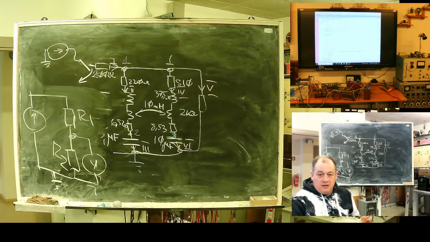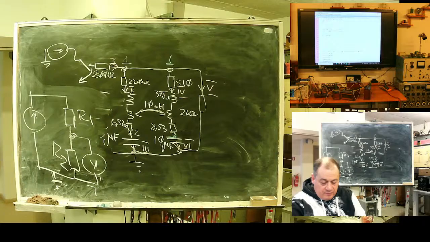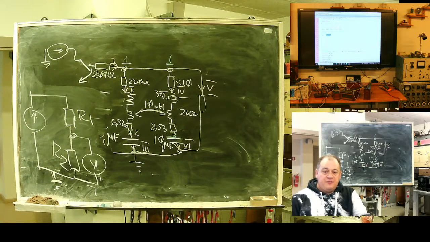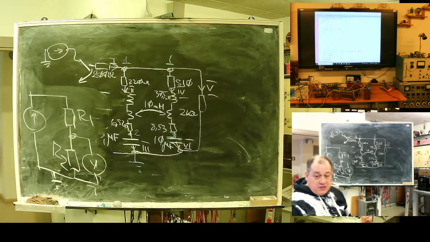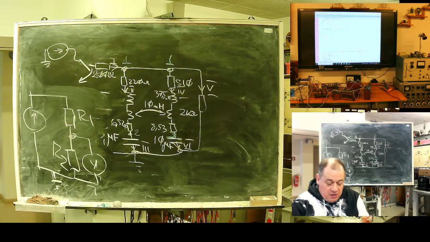Current here will be 0. Now I'm writing here EMFs. First 0, 0 is 0. Second, here should be P multiplied by EL1.